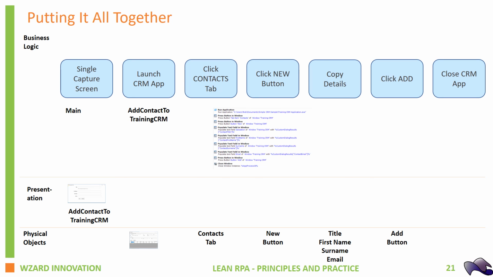And then we constructed the business logic. And the business logic was represented as a workflow that was shown as text, as you can see, and we've taken a snapshot on the screen here. And the steps it went through was basically to provide a single capture screen, which provided the presentation layer, and then run a function when we click the add button that launched the CRM app, that clicks the contacts tab, that clicked the new button, that placed the details from our presentation layer into the underlying application, clicked add, and then closed the CRM.